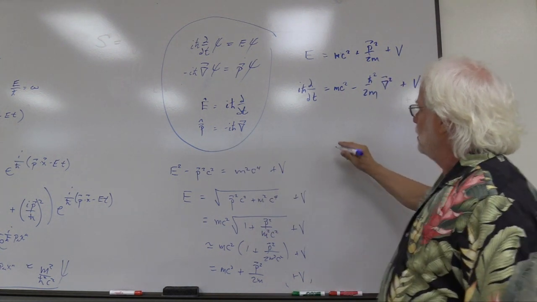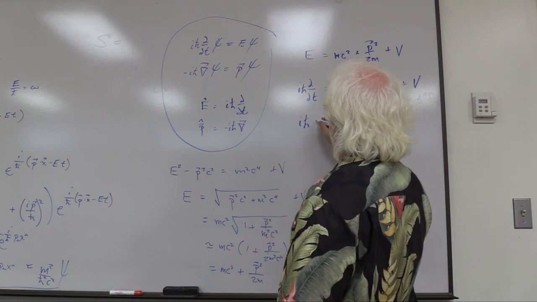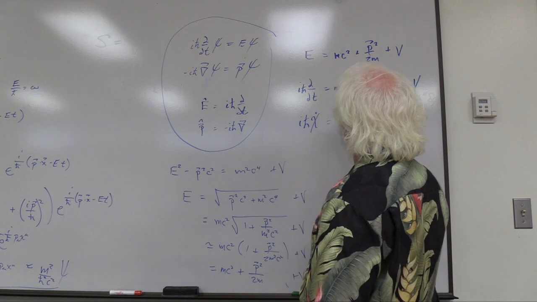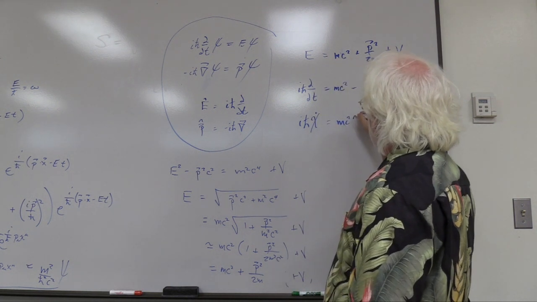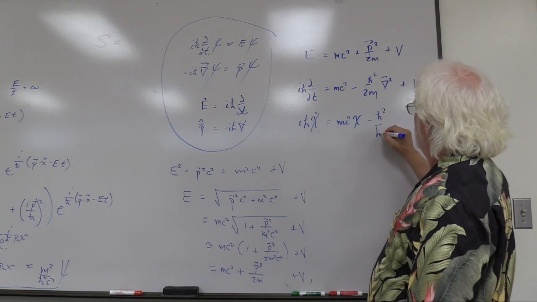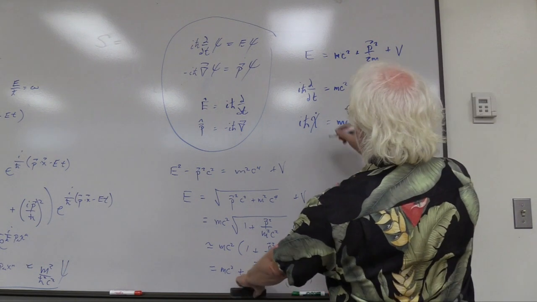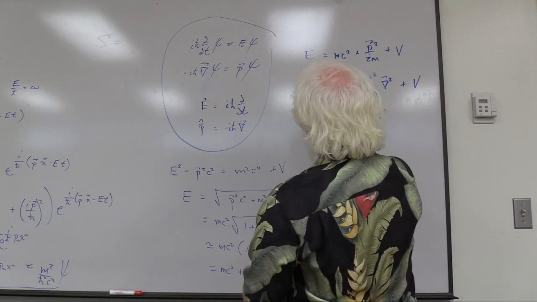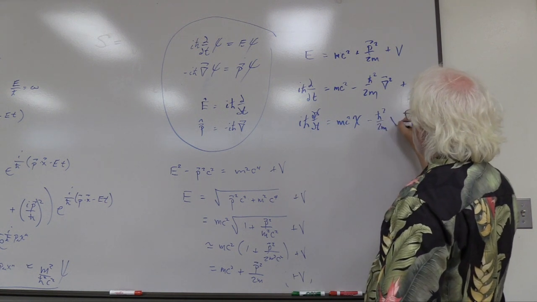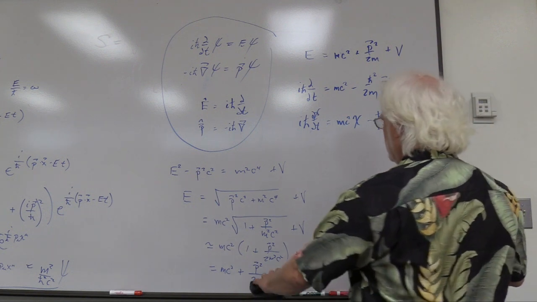And now I let this act on a wave function. Let's call that wave function chi for the moment. mc squared chi. Question? Yeah. We get, and the dot is the time derivative. Yeah, I meant to write the chi dt here. Minus h bar squared over 2m del squared chi plus V chi.